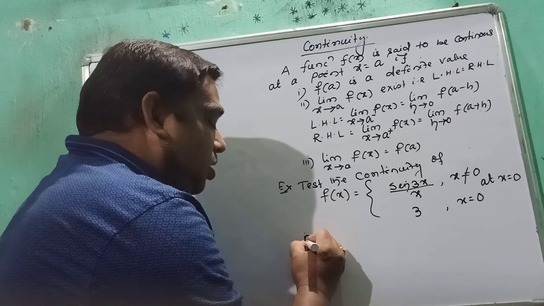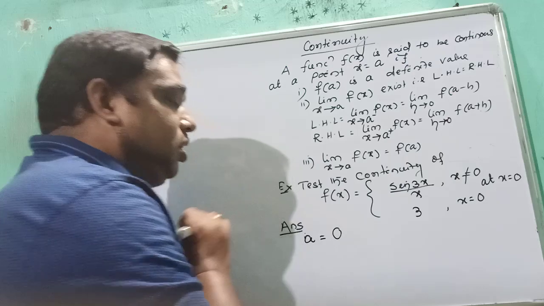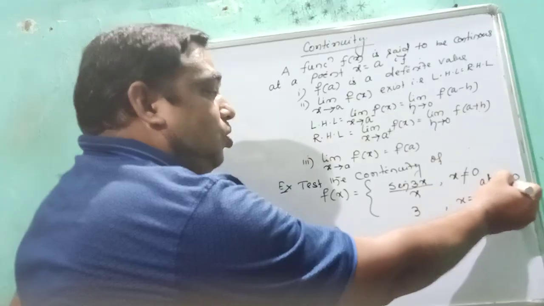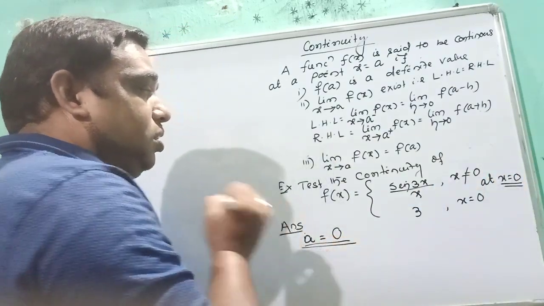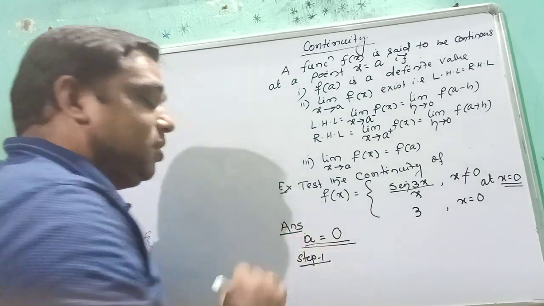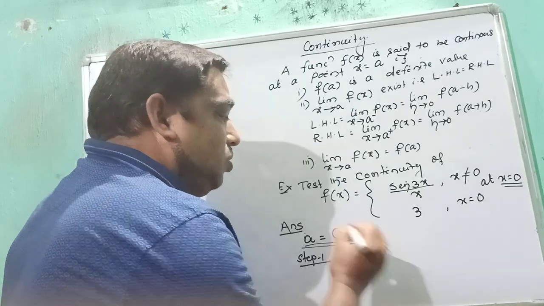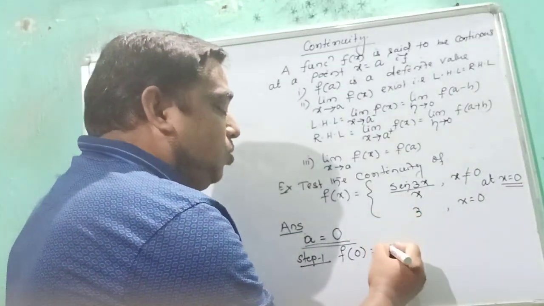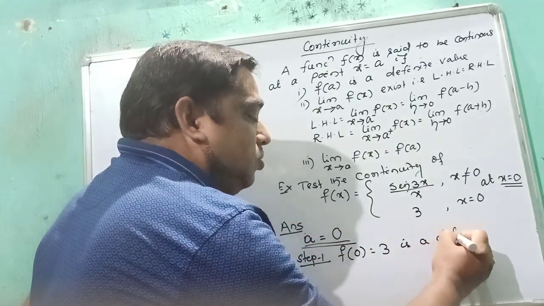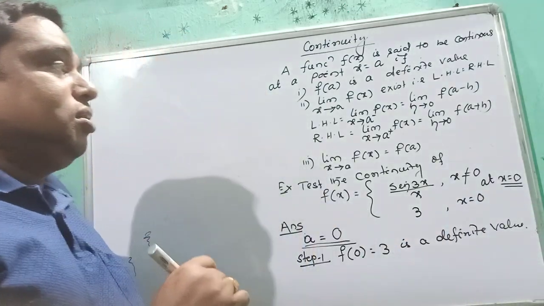What is the value of f(0)? It is 3, which is a definite value. So it satisfies condition 1.